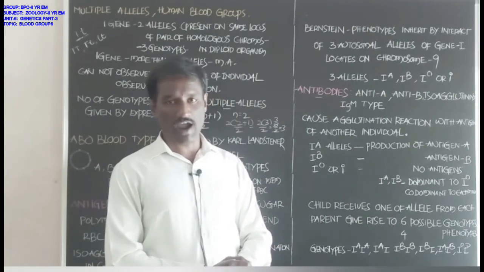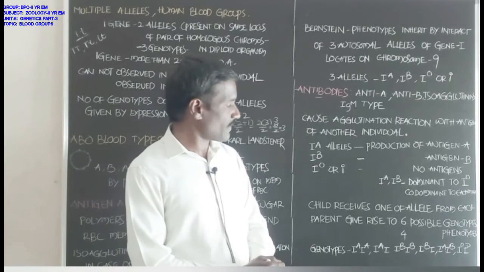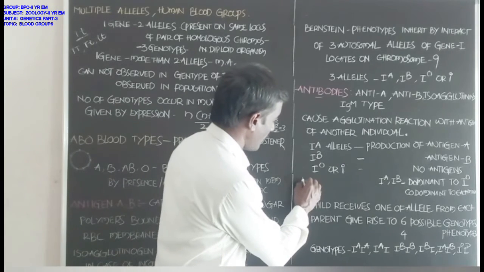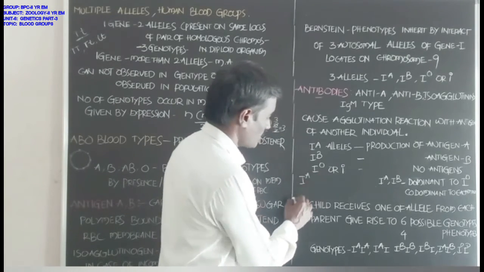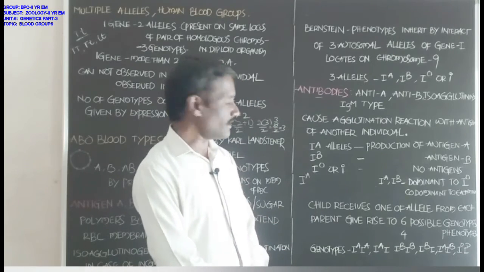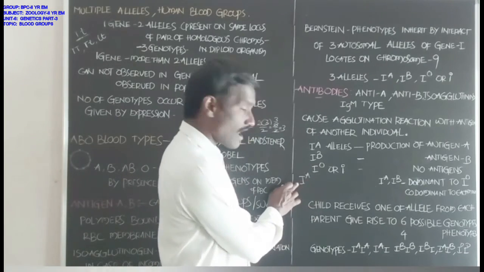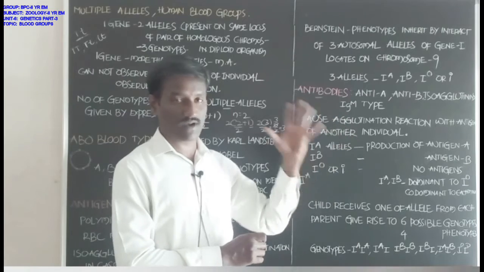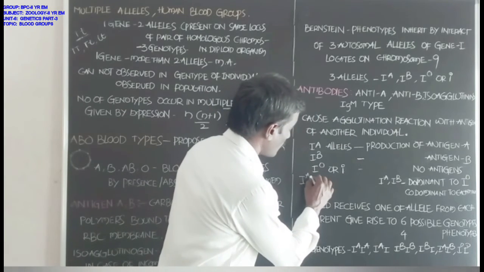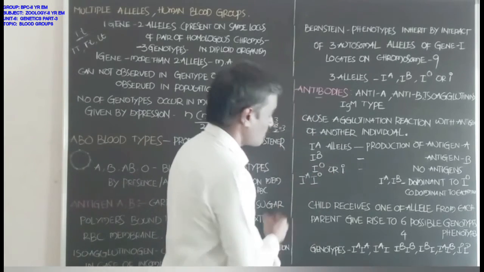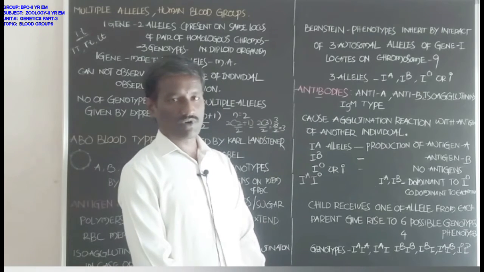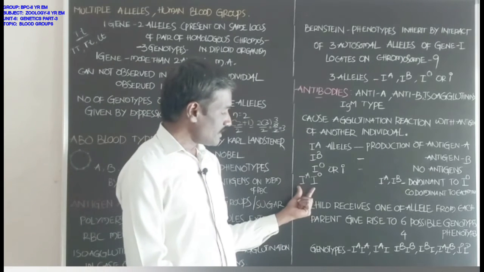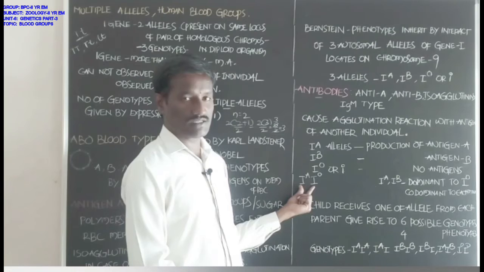For example, one child receives IA from the mother and another allele from the father.